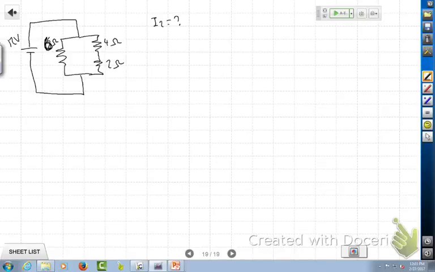Okay. So I'm looking down here, and I go I is equal to V over R. So my current flowing through my 2 is my potential difference across my 2 over the resistance of my 2, which is V2 over 2. But I don't know what my V2 is. I know that it's not 12 volts.